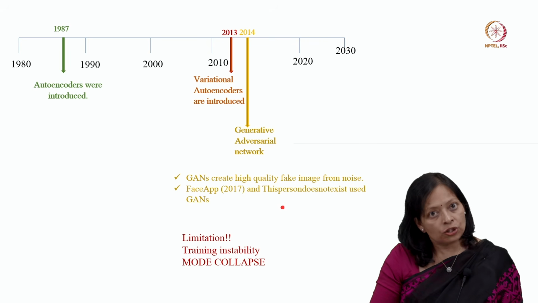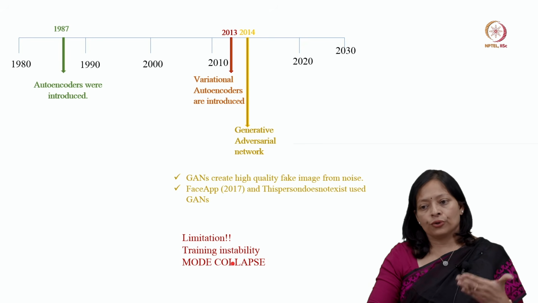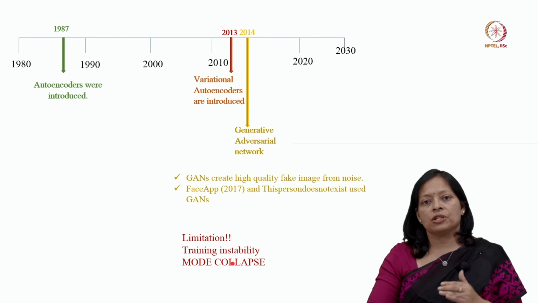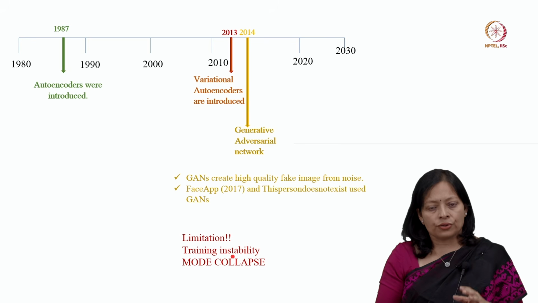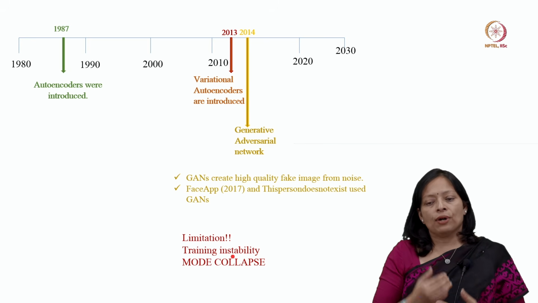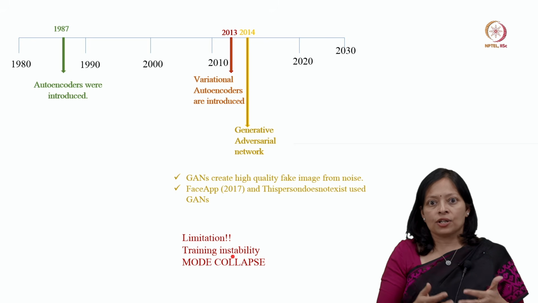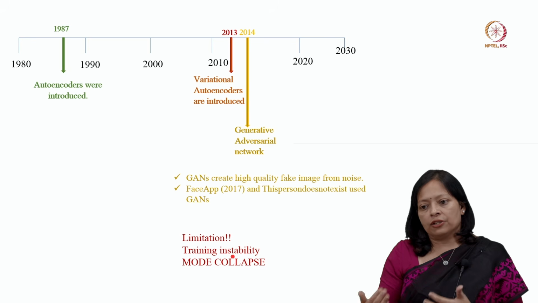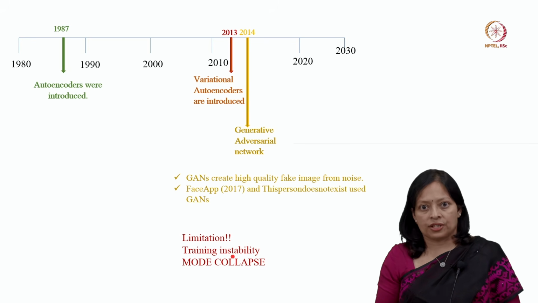What was the limitation of GANs? One is mode collapse. What do you mean by mode collapse? Mode collapse means often the generated images are very similar to each other, so there is not much variation in the generated images. Suppose you have a training set with images of dogs, cats, horses and birds, and when the images are generated by the GAN, it only generates dog images.